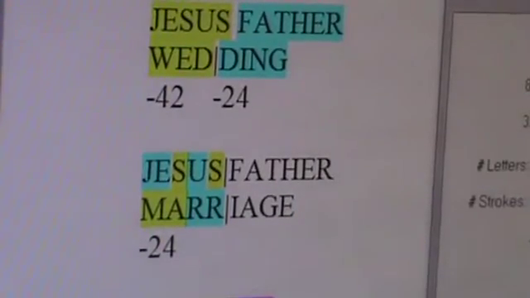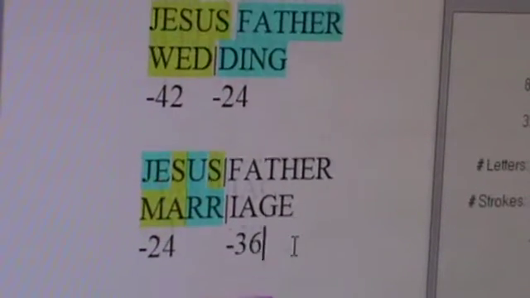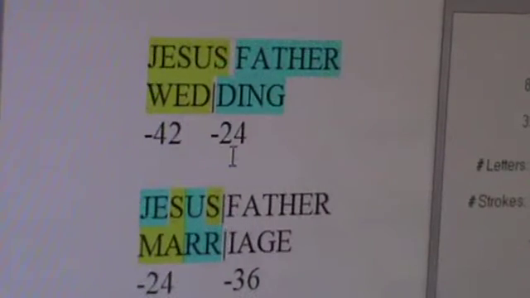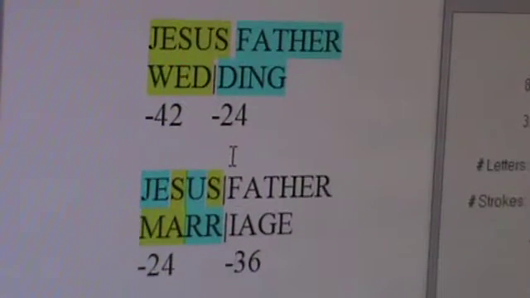So it's all offsets of 6s for the Trinity, for an overall offset of 60. Okay. So marriage, this is Jesus minus 24, Father minus 36, but it's a Jesus-Father combo in the word wedding and the word marriage. That is to say, Father and Son, like Jesus Christ, God the Father.